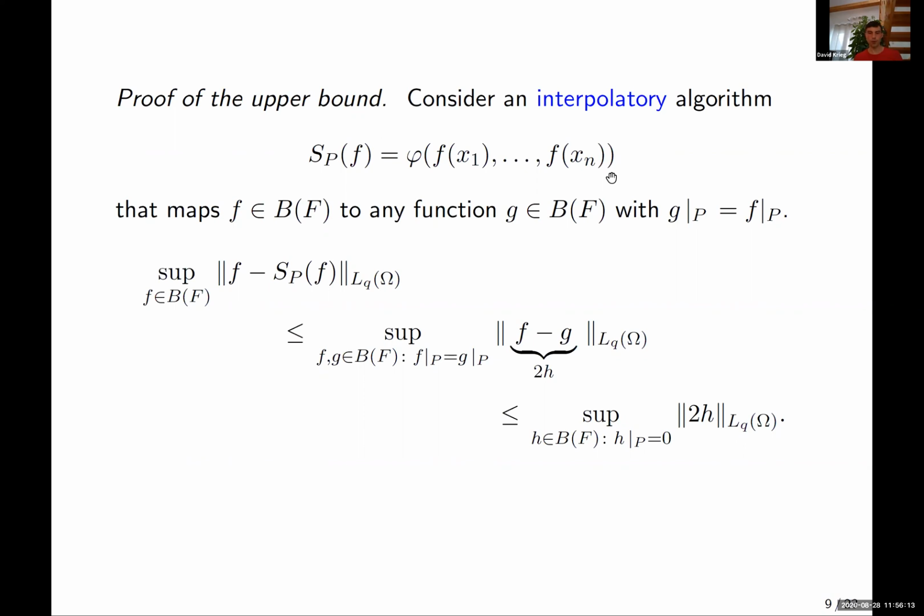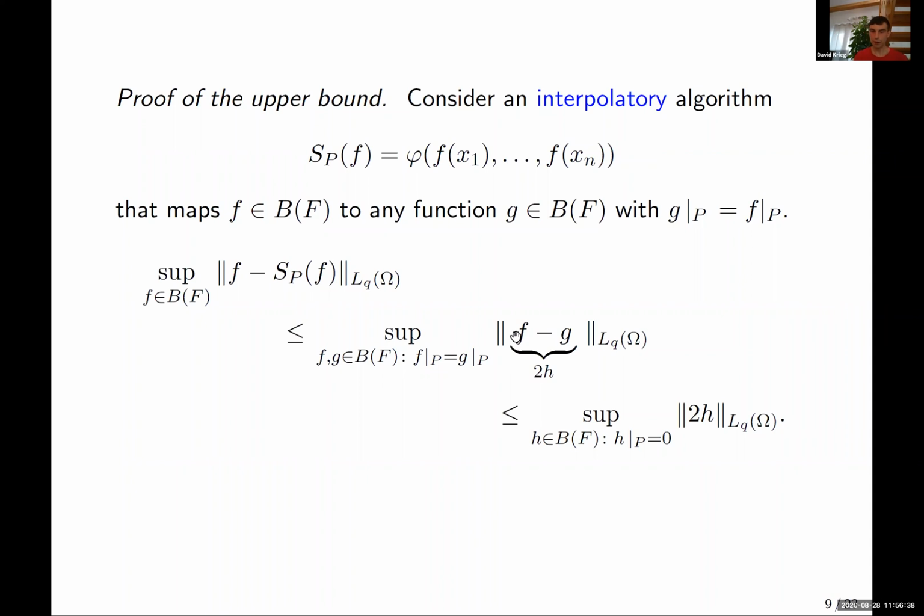And if you have an algorithm like this, then we consider the worst case error of this algorithm. And it's, of course, since SP of f is also an element of the unit ball with the same data, it must be smaller than the supremum taking over all functions f and g, which have the same data, and then the distance in the LQ norm.